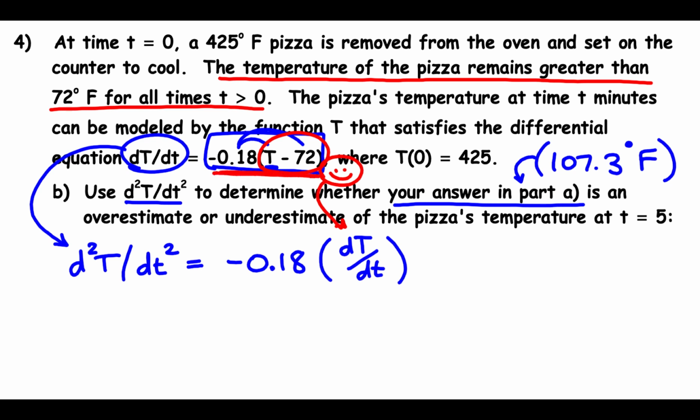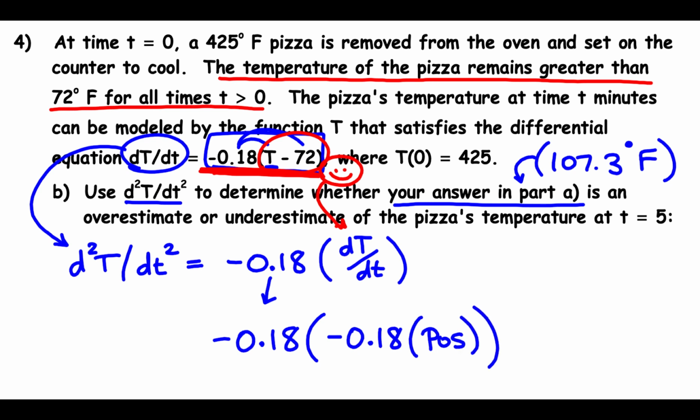That means that the entire thing, with an extra negative 0.18 in it, is going to be negative. So in other words, let me show you what I mean here. This comes down. When I go to rewrite the dT over dt, it's going to be this. I'll just write positive. And you can see that we have negative times positive. That's positive. And if the second derivative is positive, that means that the curve is concave up.